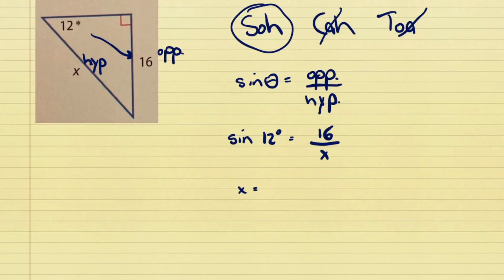Now I'm going to type in the sine of 12 first. I don't have to hit any shift buttons. I just type in sine and 12 and get 0.2079. Then take 16 divided by 0.2079. I get 76.96. So there's your hypotenuse. I know it seems a little big, but it was a 12-degree angle. 12 is not very big, so the wall is going to be quite large compared to that.